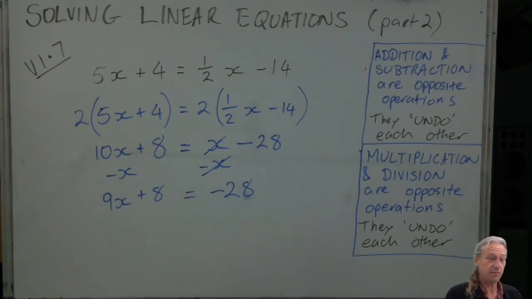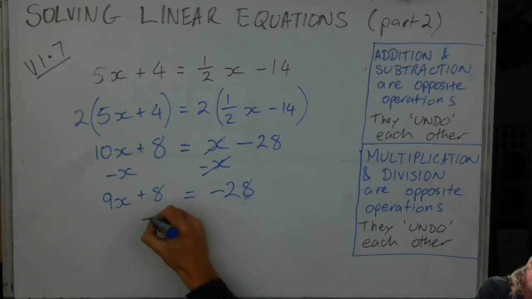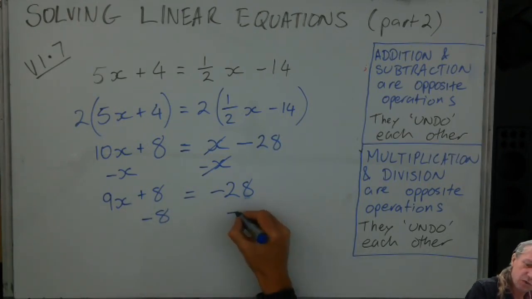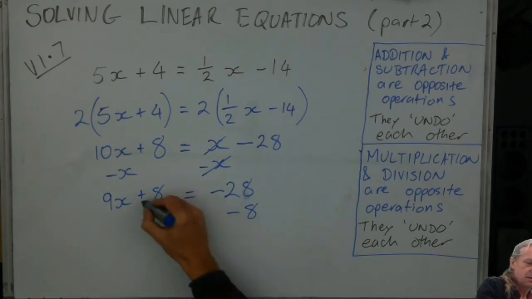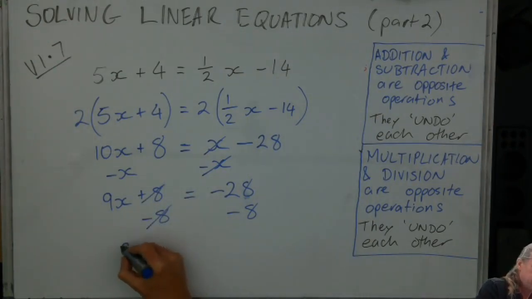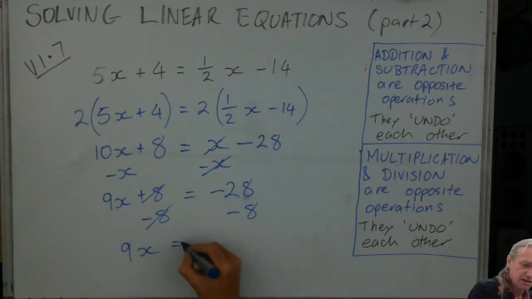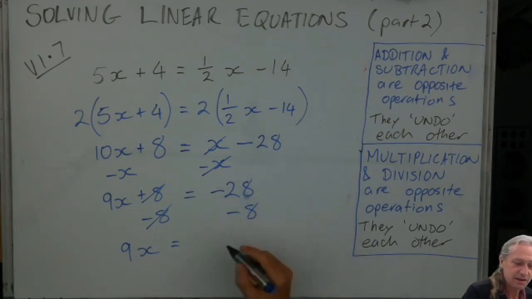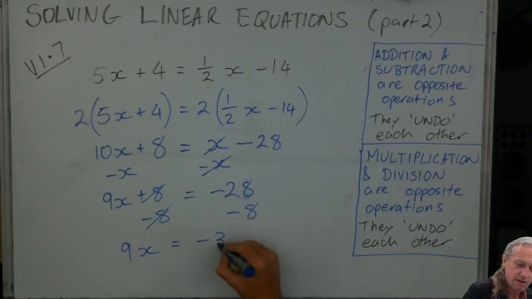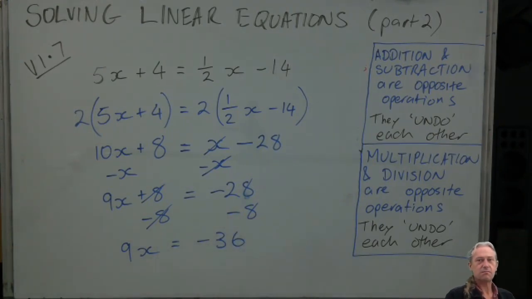As long as we do the same thing, we're going to take away 8 here, take away 8 there. So this cancels with that. 9x equals negative 28. Take away another 8 is negative 36.